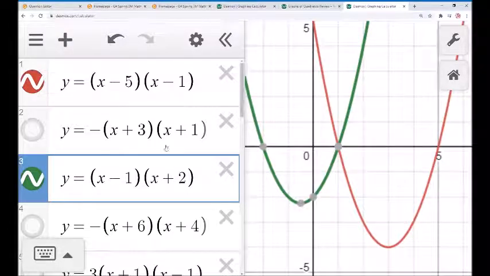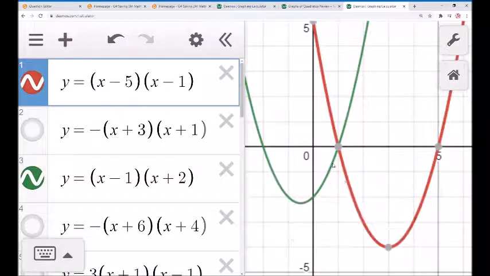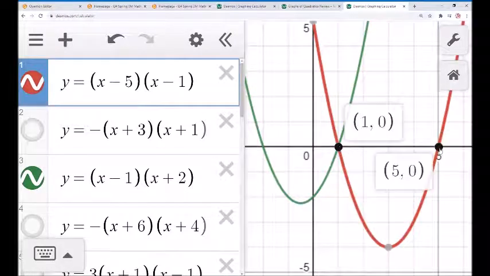So, if you look, 5 and 1 are in this equation. It's negative and negative. But if you look here, the x-intercepts, where the graph crosses the x-axis, occur at 5 and 1. Now it's negative 5 and negative 1 here, but you have to remember, just like we learned the other day, this is in the land of opposites.